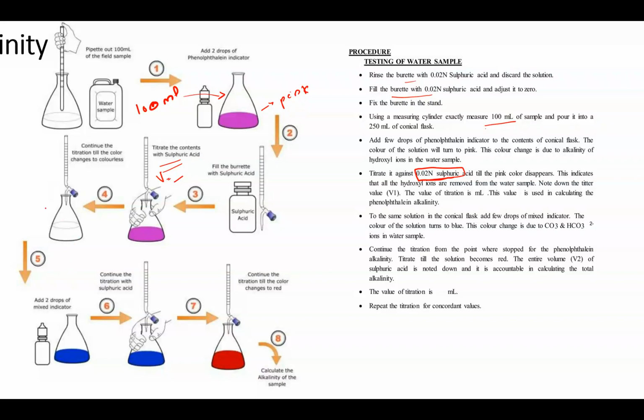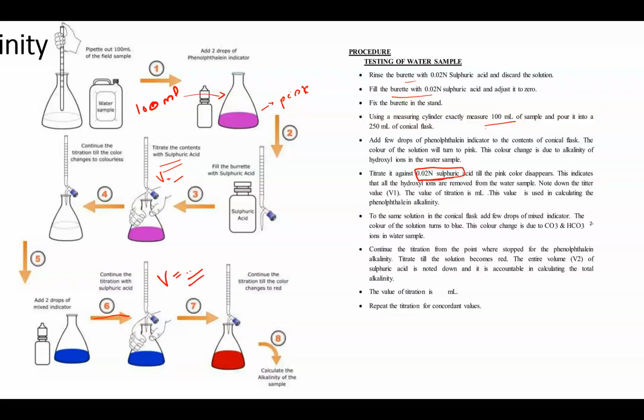Then, with the same solution, you add 2 drops of mixed indicator. This solution will turn blue. Then you continue the titration with the same diluted sulfuric acid and see at what volume the blue color turns red.